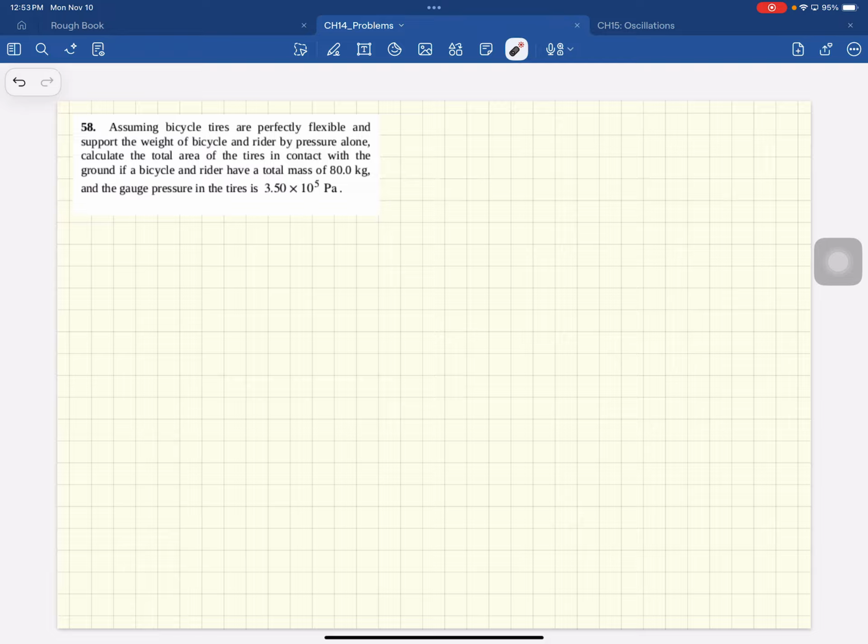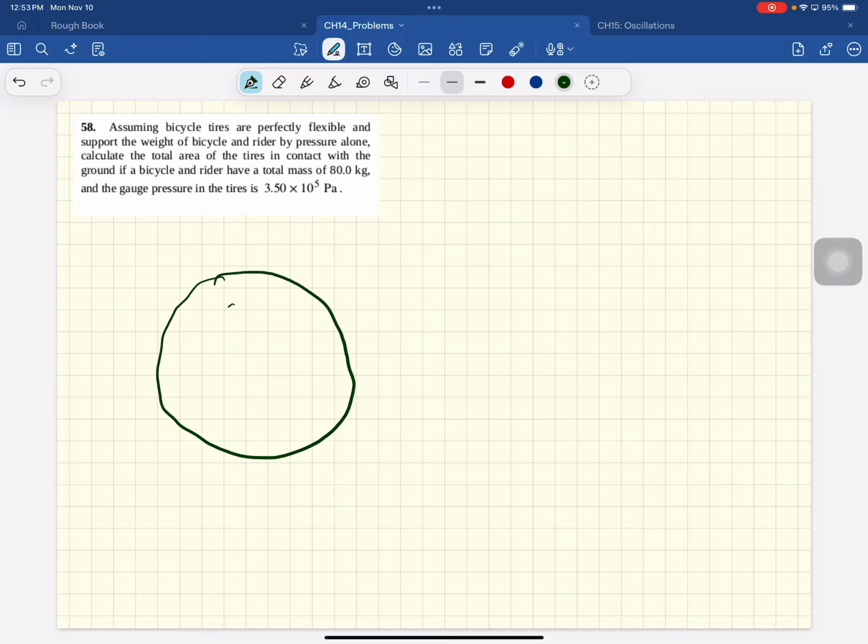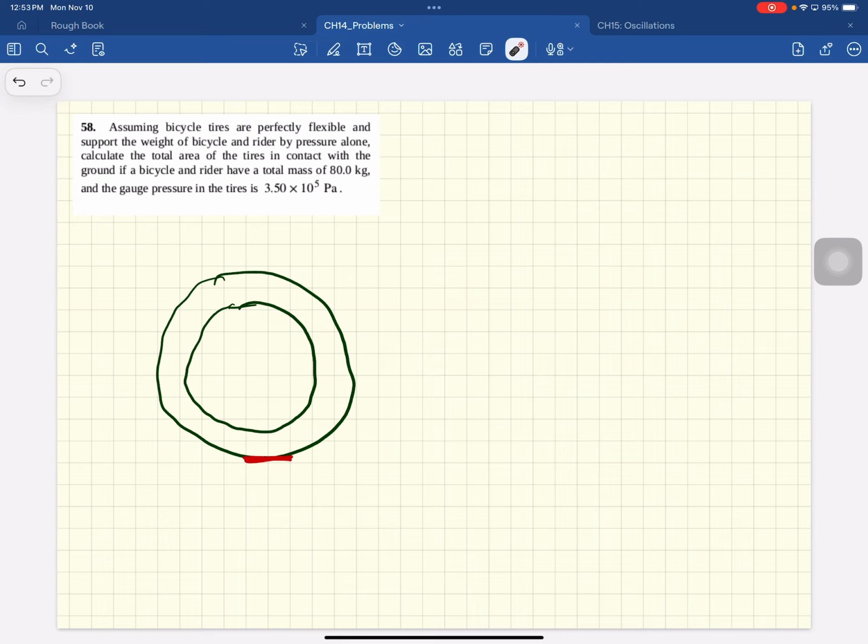All right. So, what we'll do is we'll draw just one wheel. We'll say this is a unicycle, and this much area is in contact with the road.